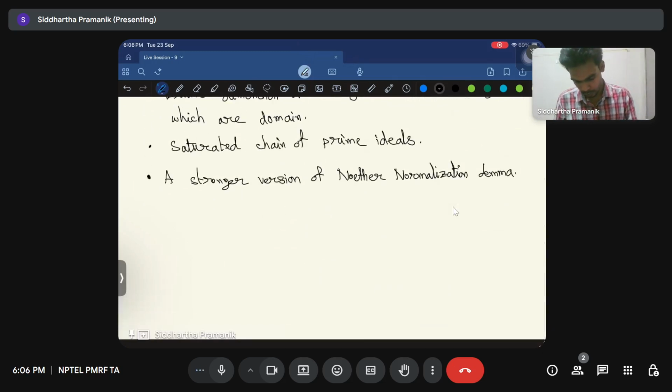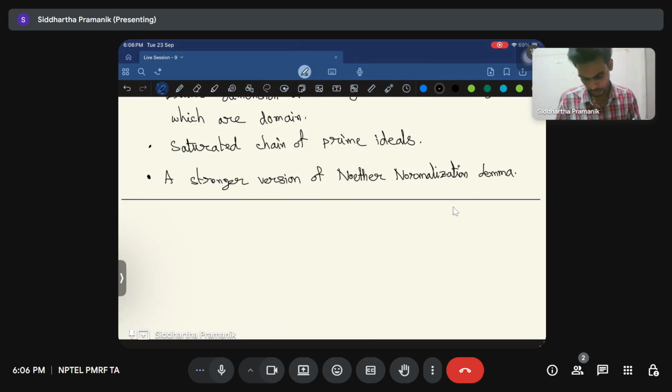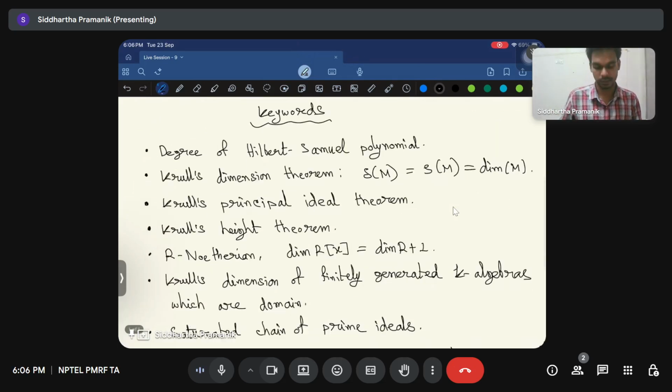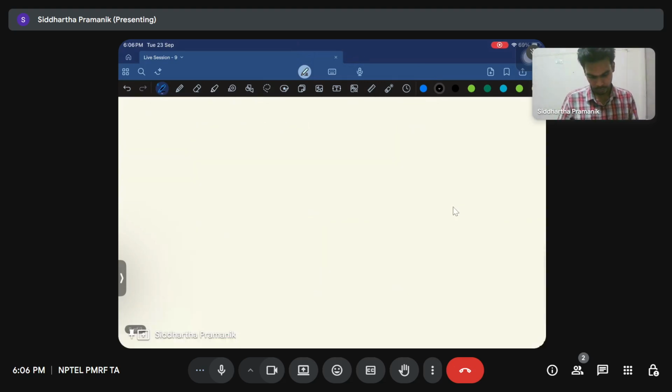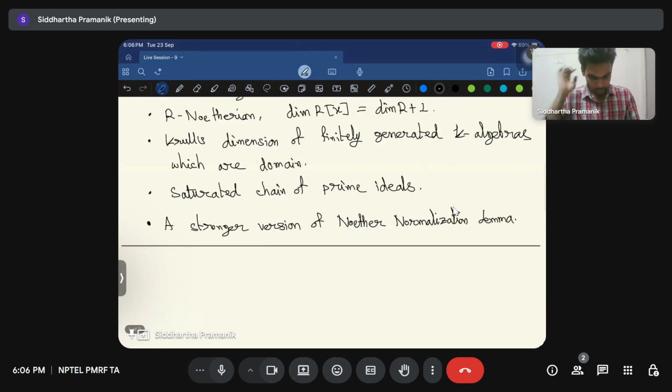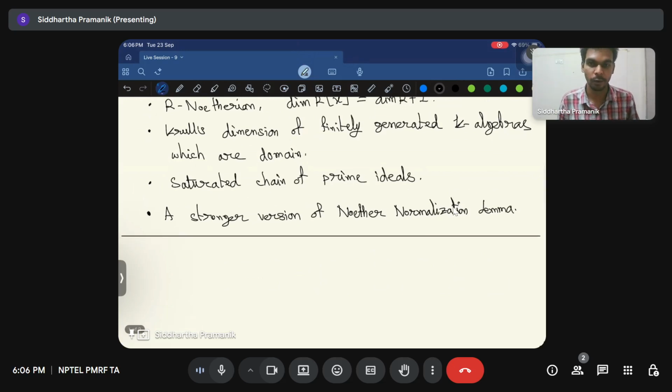So now we can solve some problems based on these topics. Okay, so let's do some problems based on height of ideals.